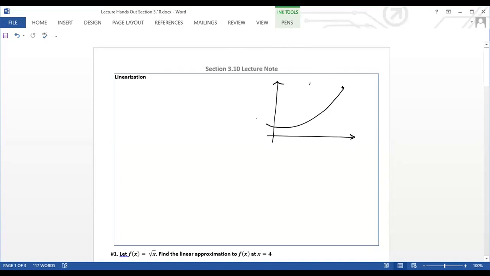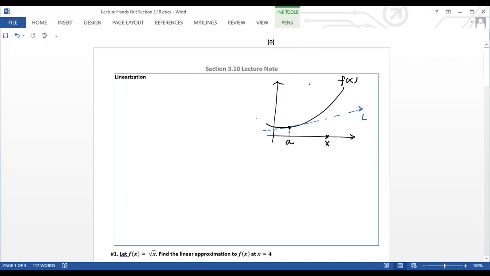Let's assume I have a function here, and this is my function f of x. Here I have a point, this is a, and a tangent line goes through this point. This is my tangent line. Now I have another value here, let's say this is x.